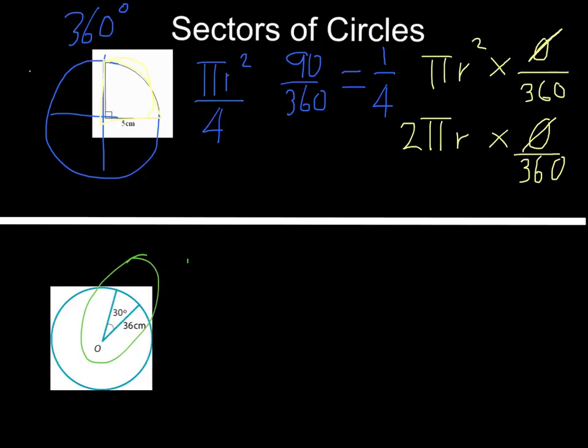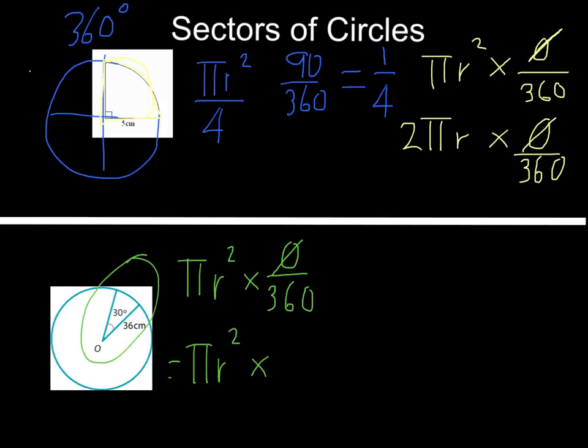So we're going to do pi r squared times the fraction of the angle, or the ratio of the angle size out of 360 degrees of the full circle. So pi r squared times 30 degrees over 360 degrees.